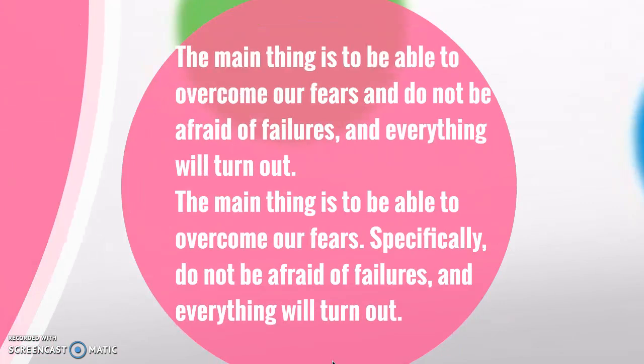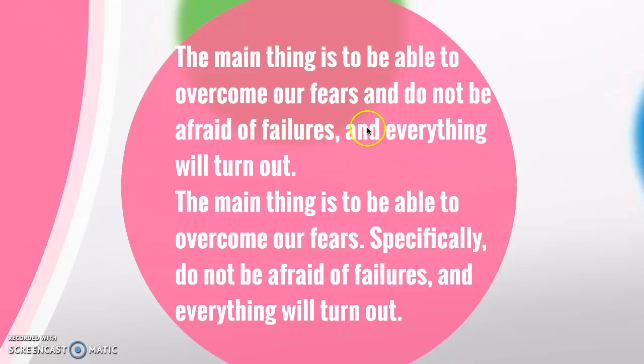So example number 2: "The main thing is to be able to overcome our fears and do not be afraid of failures, and everything will turn out." So similar to the last example, we have "and" twice and quite close to each other in the sentence. So what can we do in this instance to replace one of the "ands"?